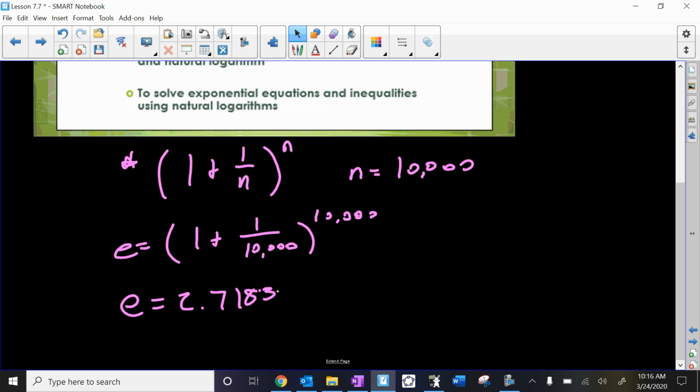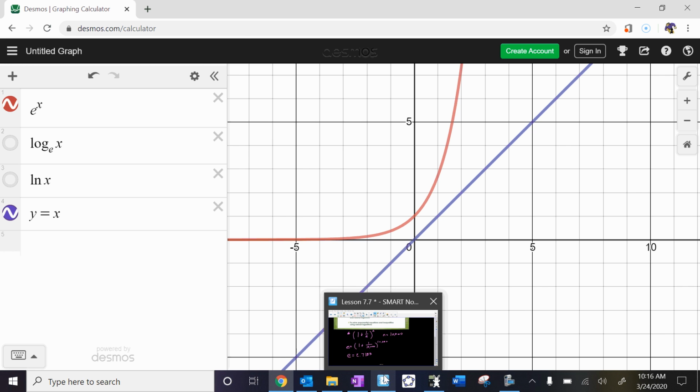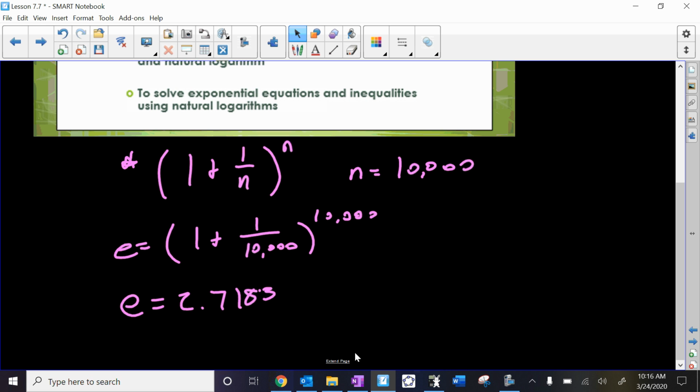Okay, and if you want, we can graph this e to the x. You can see that it is an exponential function, which is what we've been dealing with. Okay, so since it's an exponential function, it should also have an inverse over top of the line y equals x. And we're still going to say that its inverse is a log.